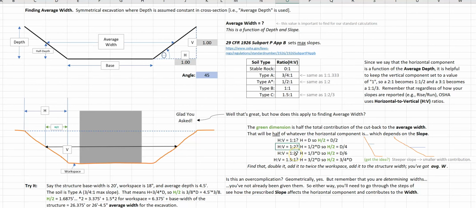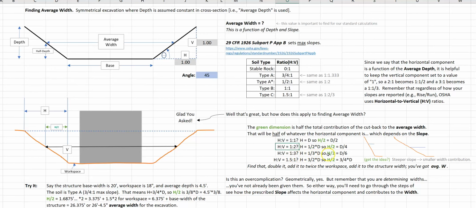If it's a 1 to 3, right, really pretty steep, so not really something that's covered right here unless we're considered stable rock. But anyway, if it is 1 to 3, then you have the height being 1/3 of the depth by definition, because it's 3 vertical for every 1 horizontal.